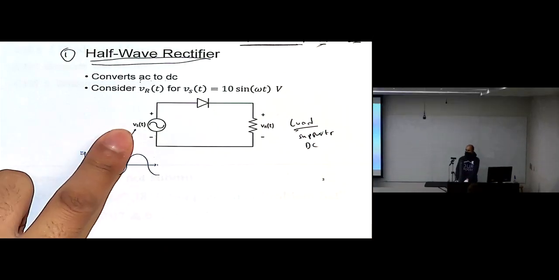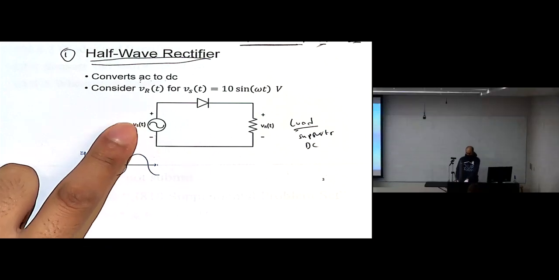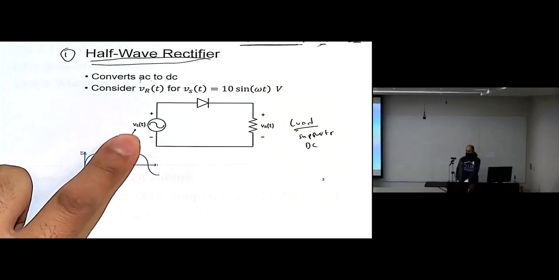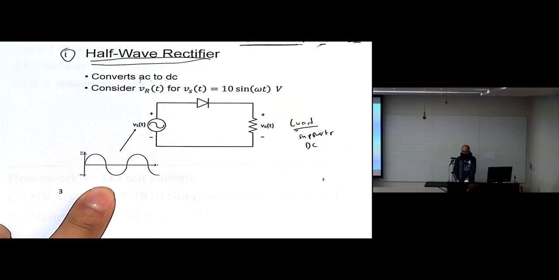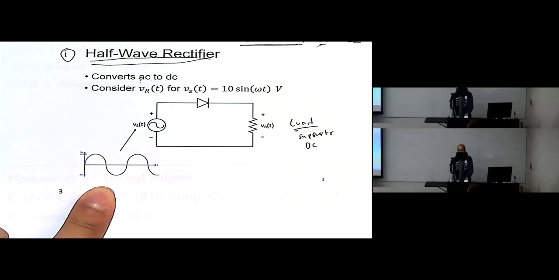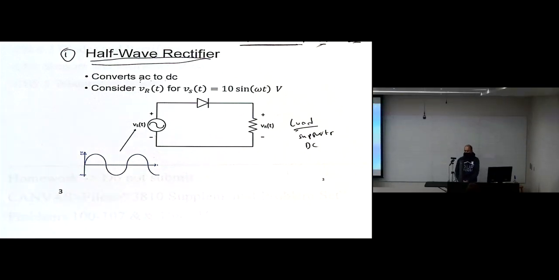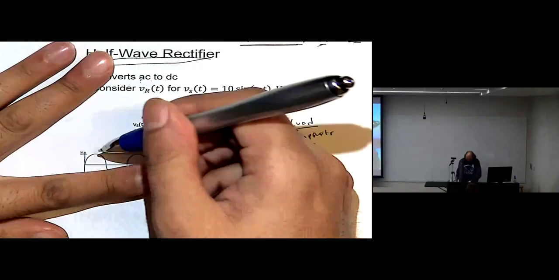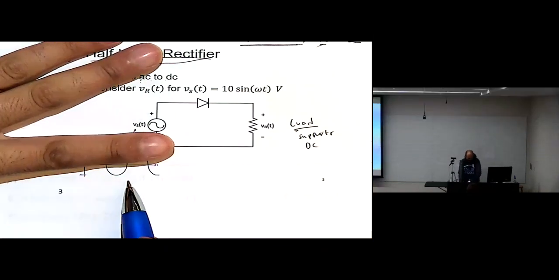Most likely, since we are in AC, Vs of t should be sinusoidal, so the waveform looks like this. Is that right? Then what will happen? We have the voltage, a positive side, and a negative side.